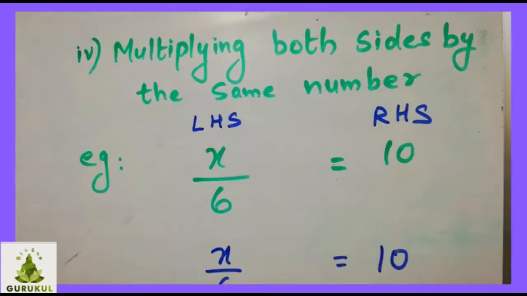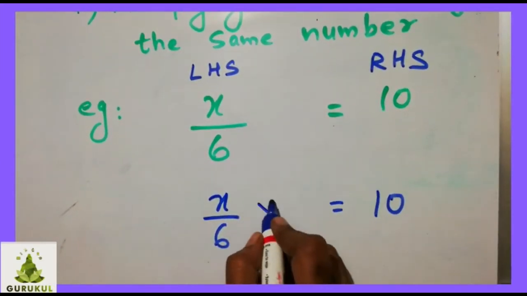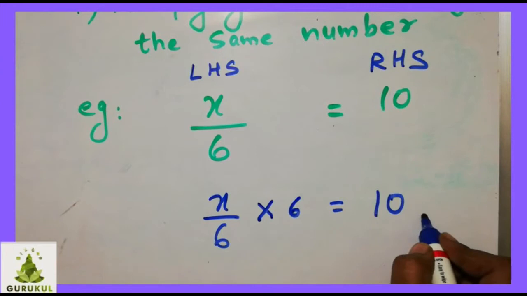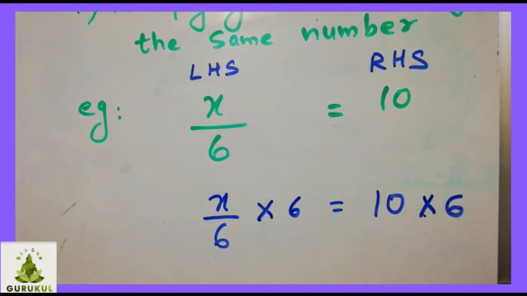Is that clear? Now, multiplying both the sides by the same number. If I multiply both the sides by the same number, the equation will remain balanced. In this example, the LHS is x upon 6, x divided by 6, which has a variable, and it equals 10, the RHS. Suppose I multiply here by 6, then I should do the same operation on the RHS also, multiplying by 6.